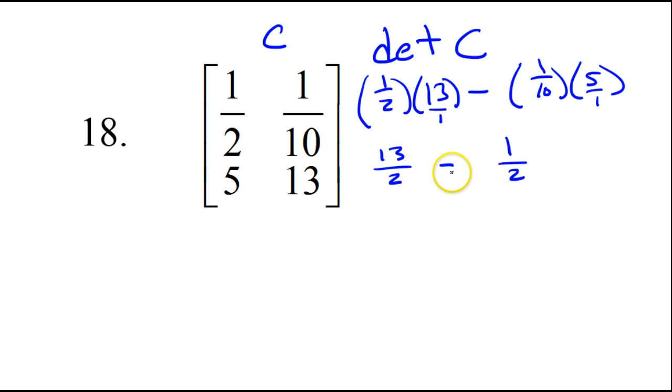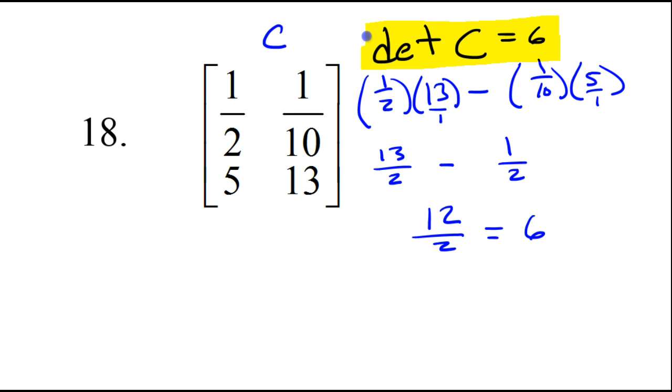So 13 halves minus 1/2 is going to be 12 halves, which conveniently is 6. So the determinant of matrix C is 6. Remember that, please. Since it's not 0, we can move on to step 2.